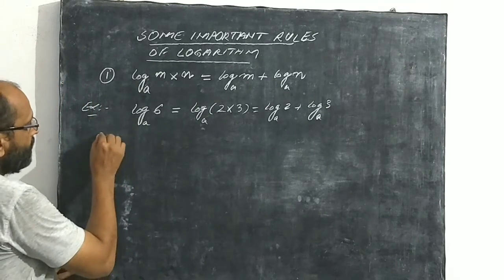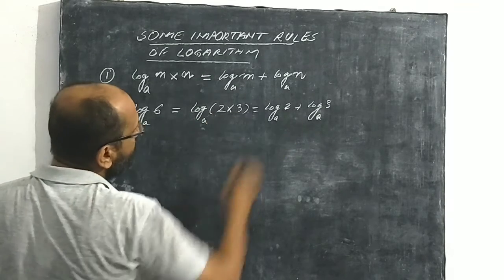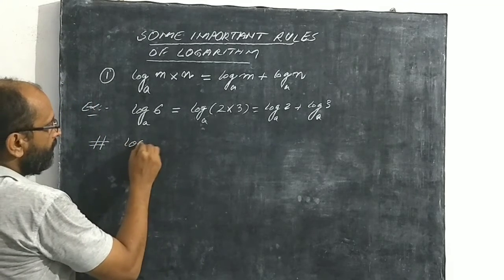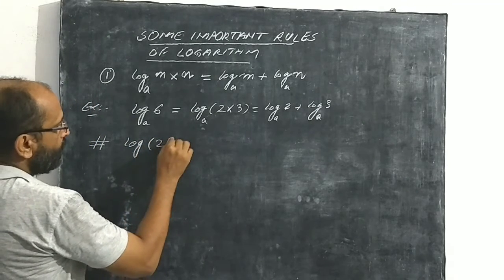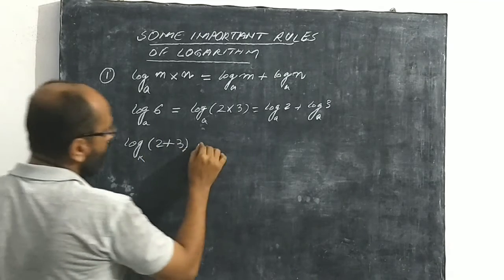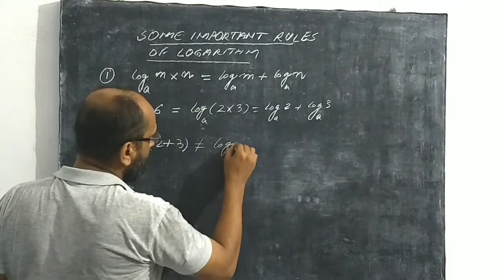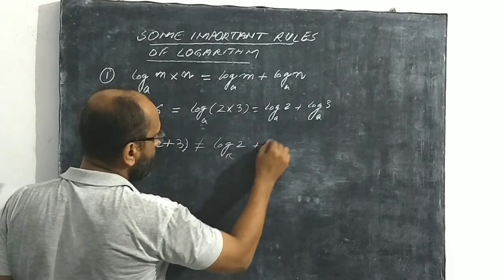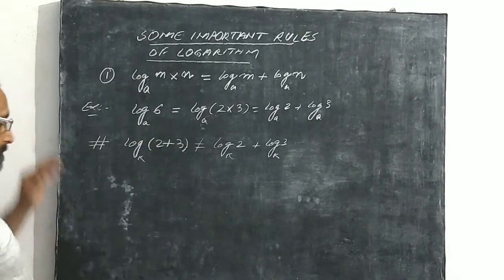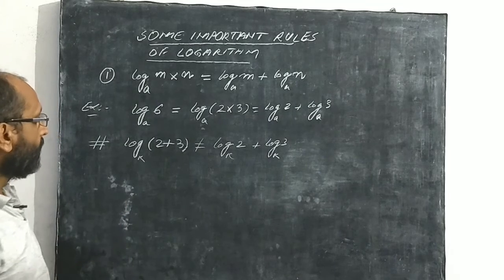And always remember, as you see, this is the rule: log 2 into 3 is equal to log 2 plus log 3. So remember, log of 2 plus 3 base k, whatever you may take, is not equal to log 2 base k plus log 3 base k, because this is a very common mistake committed by students.